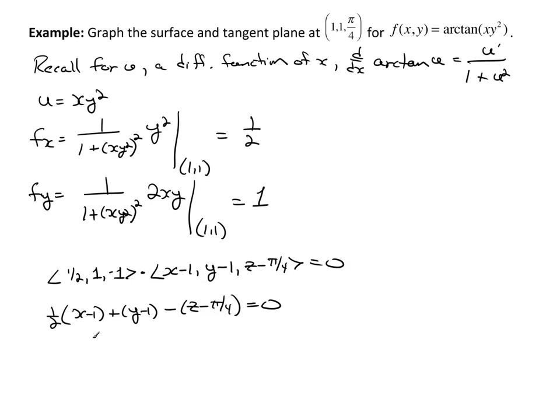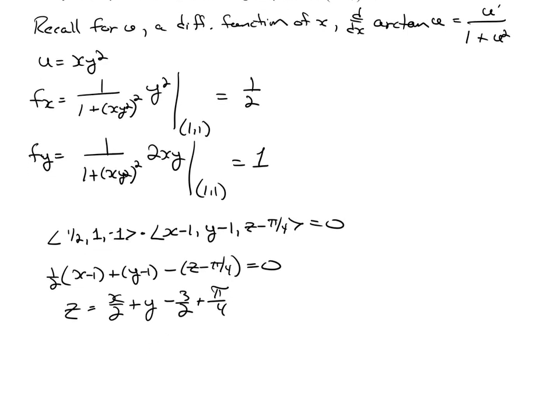If I solve this for z, I get z equals x over 2 plus y, and then bringing all these constants together, minus 3/2 plus pi over 4.